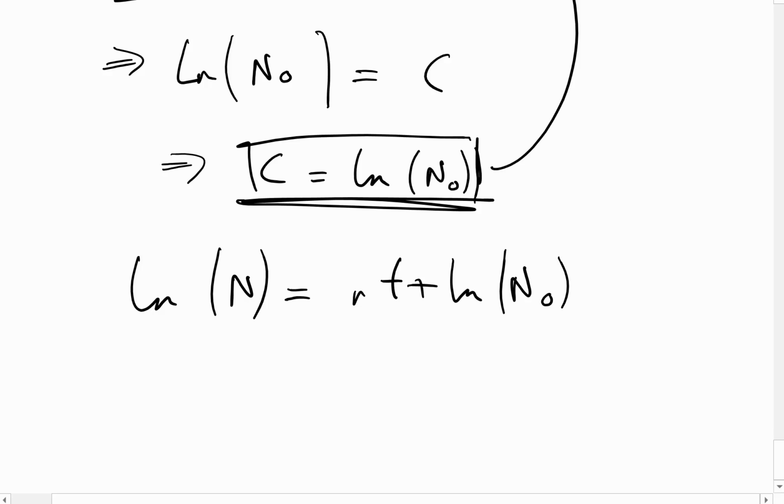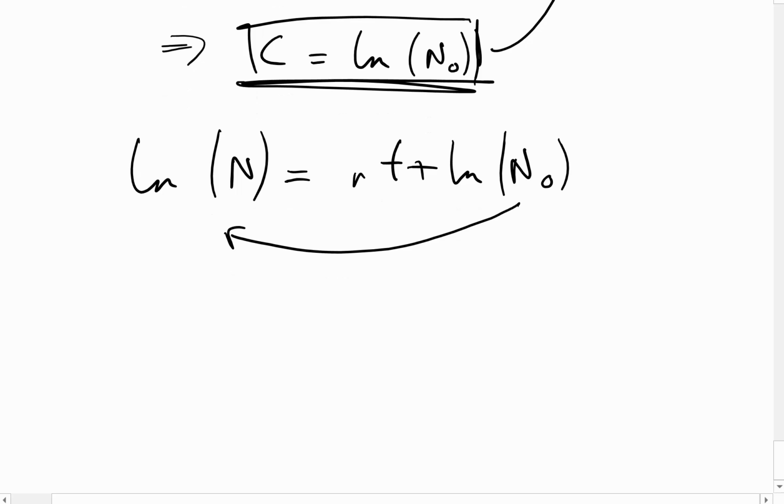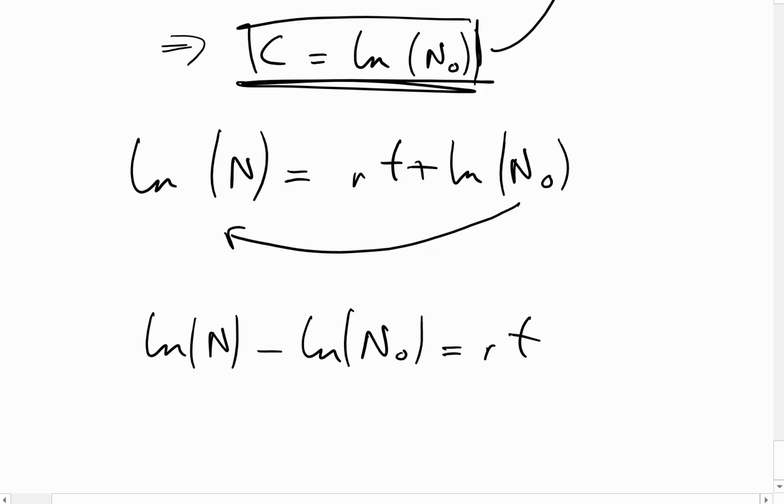Because look, if I just take this log of n0 over here, I will end up with log of n minus log of n naught equals rt. You happy?